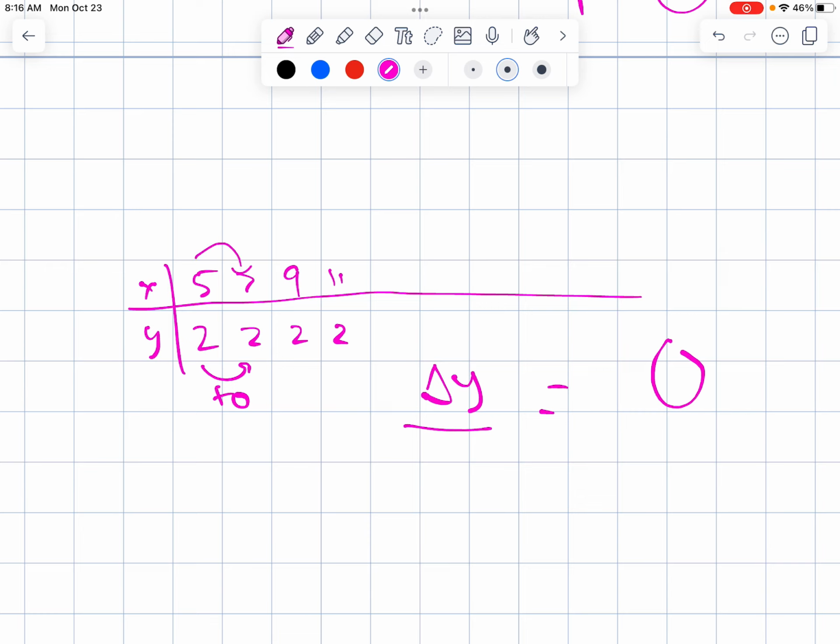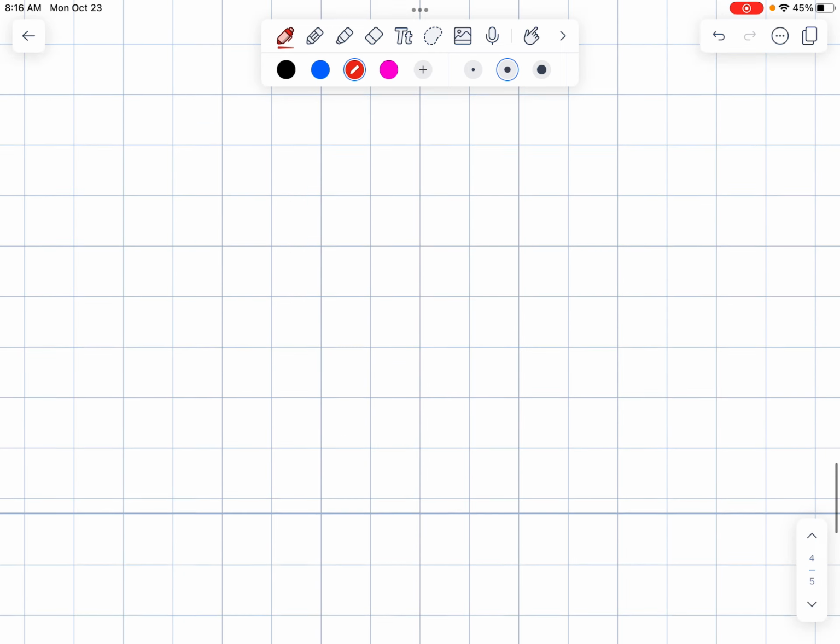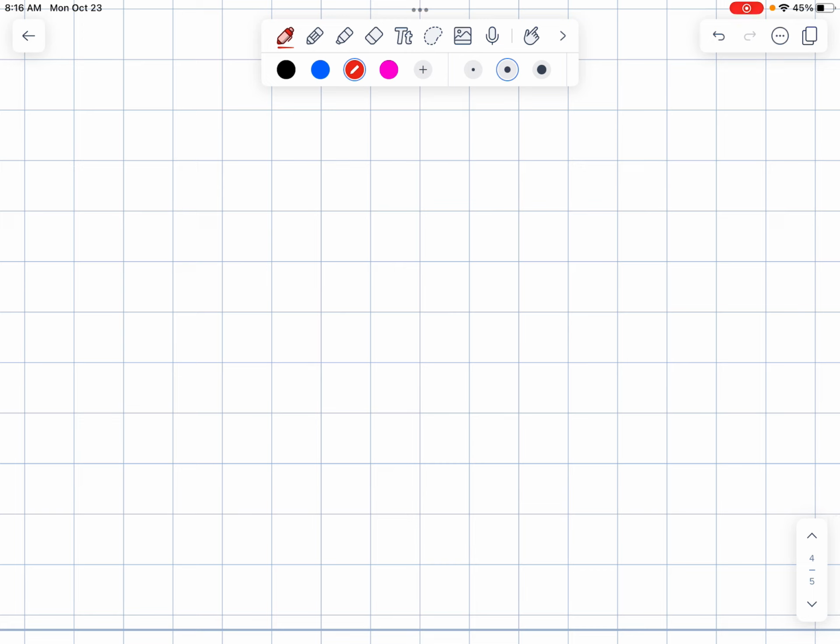Change in the x values is 2, and 0 over 2 is 0. So the answer is 0. The y values don't change. If we graph this on the xy grid, this is x, this is y, then it just stays right here at positive 2.